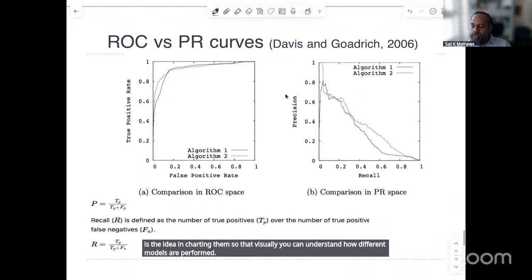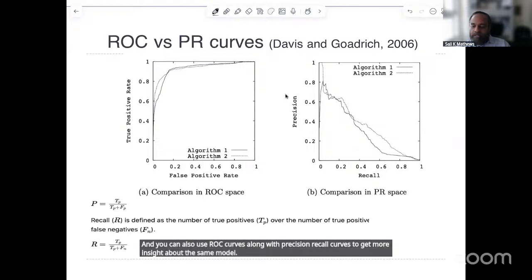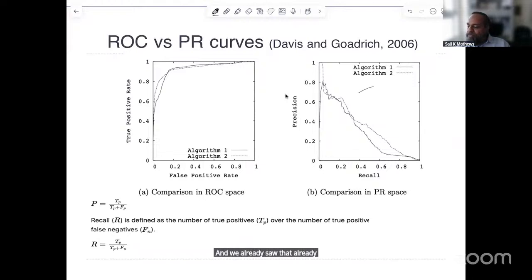And you can also use ROC curves along with precision recall curves to get more insight about the same model. And we already saw that the PR curve should shift towards the northeast, whereas the ROC curve should move towards the northwest. Okay, so that's the idea.